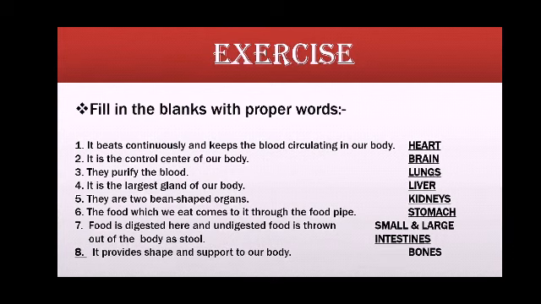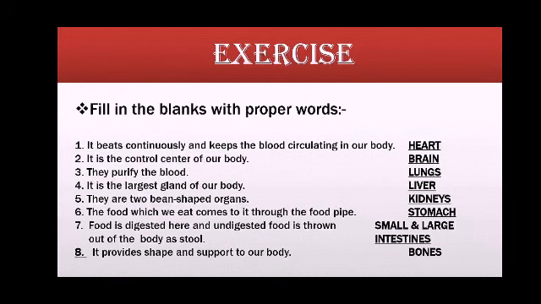The organ which purifies the blood with oxygen is the lungs. Number 4, it is the largest gland of our body. So among all the organs, the largest gland in our body is the liver.